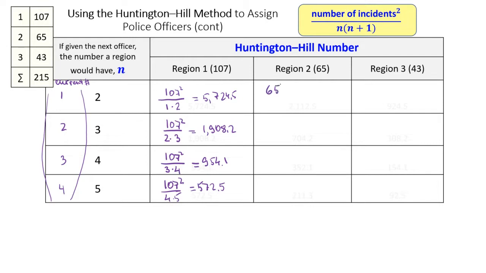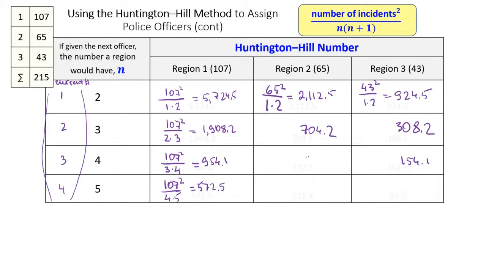So 65 squared divided by present representation, future representation, 2112.5, and so on. And here 43 squared divided by 1 by 2, 904.5, 308.2, 154.1, 704.2, 352.1.